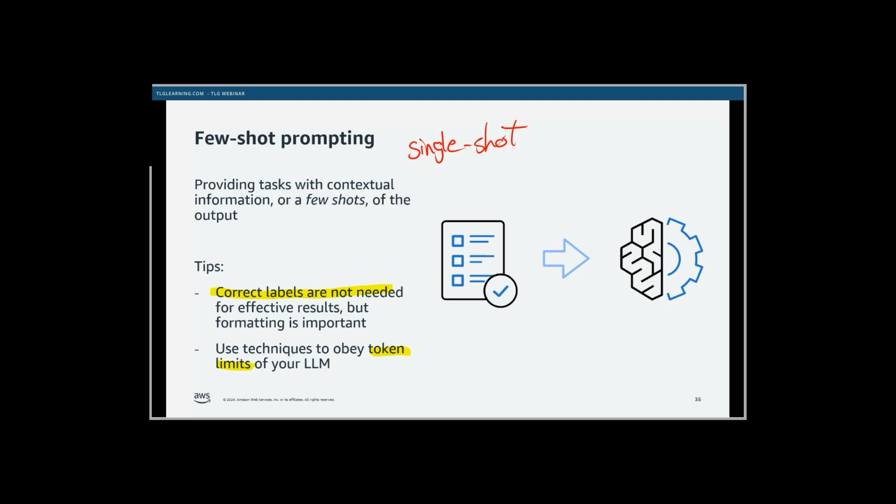Different AIs will have different limits on how much data you can provide in the prompt. So if you provide a lot of lengthy examples, you could exceed that limit. You'd then have to use some mechanism for determining which examples you're going to provide, if you have a large set of examples to work with.